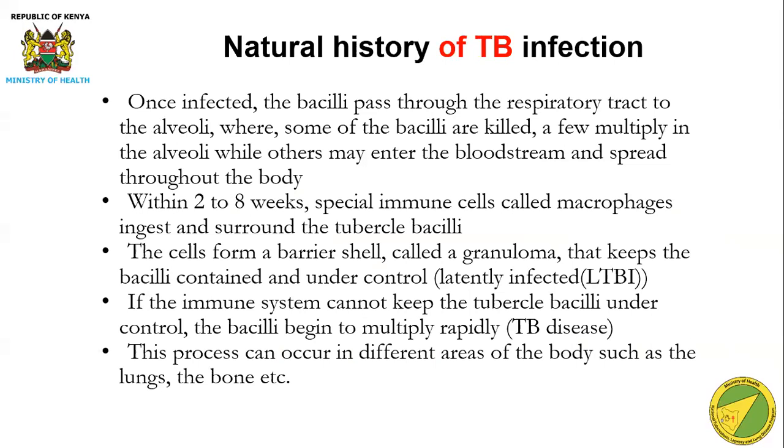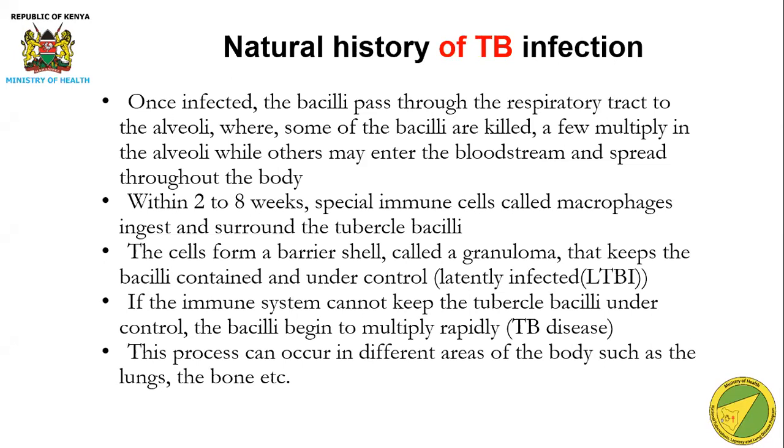Much of the bacilli will be contained through formation of a barrier called a granuloma that keeps the bacilli contained and under control. So that is what we now call latent TB infection.